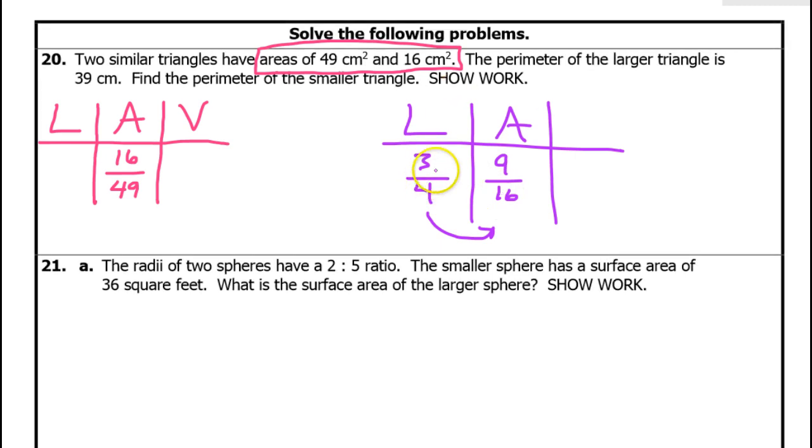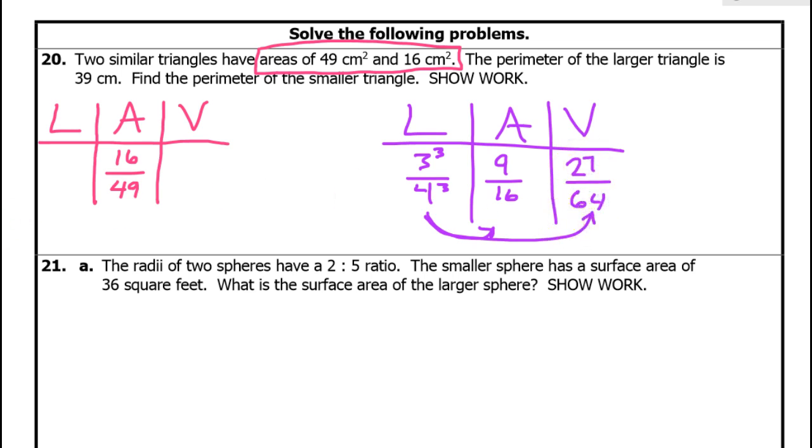On the other hand, the volume scale factor is achieved by cubing the length scale factor. So if I take this and cube it, that gives me the volume scale factor, which would be 27 over 64.